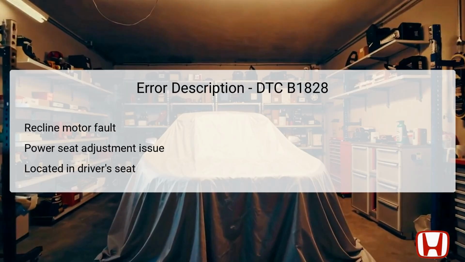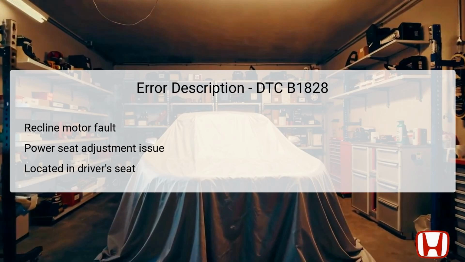The DTC B1828 specifically pertains to the driver's seat recline motor, which is an electric motor located within the driver's seat assembly. This component is responsible for adjusting the reclining angle of the seat, enhancing comfort for the driver. The power seat adjustment switch, which is also located on the side of the driver's seat, initiates the operation of this motor.